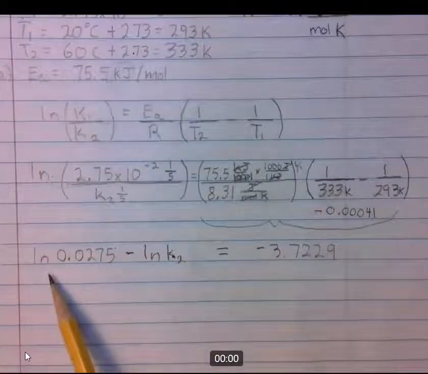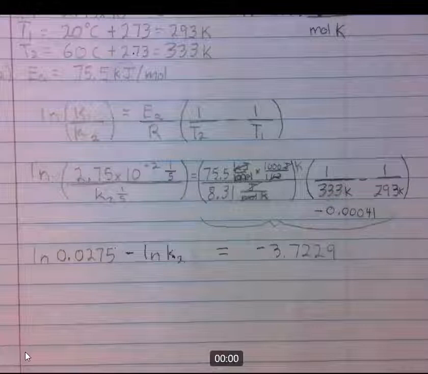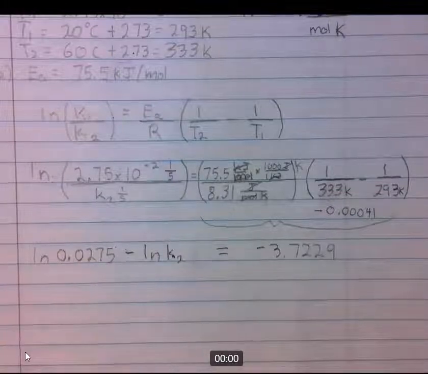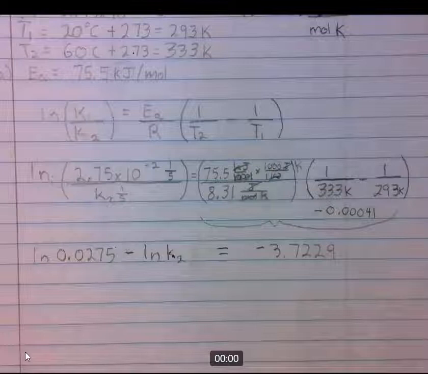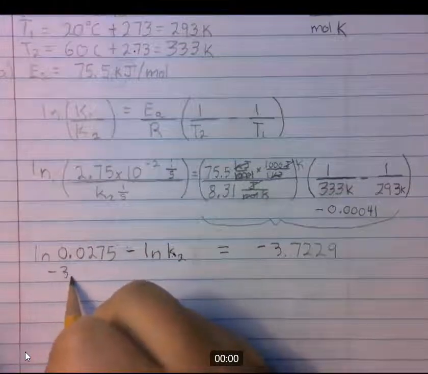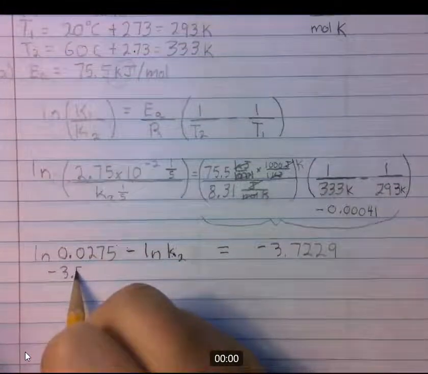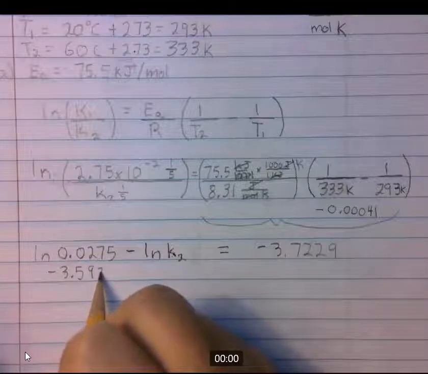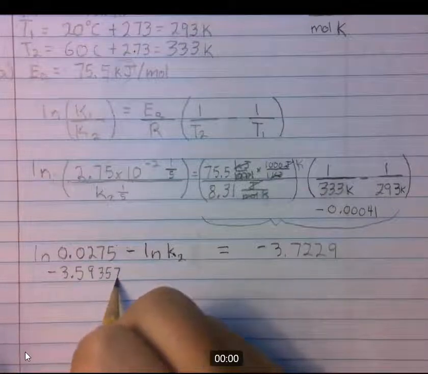Well, now let's take the natural log of 0.0275. And that's going to give us negative 3.59357.